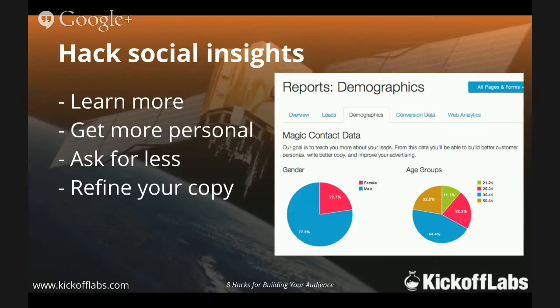We capture a lot of this data whenever somebody signs up to a landing page, and it can be incredibly powerful. If you know that a majority of your audience is male and between 35 and 44 years old, there are things you could do to appeal to them and change your message. For example, that tells me that the people looking at our chat are a little more established in their careers, and maybe they're looking at another opportunity.